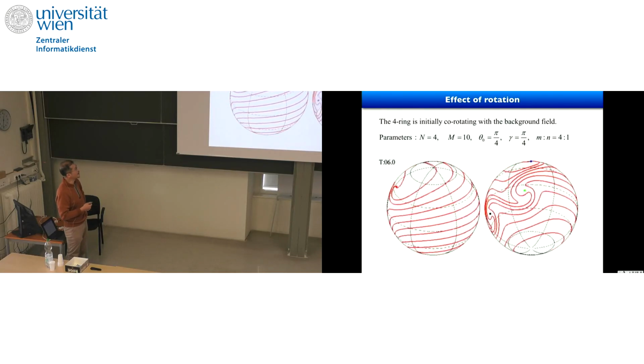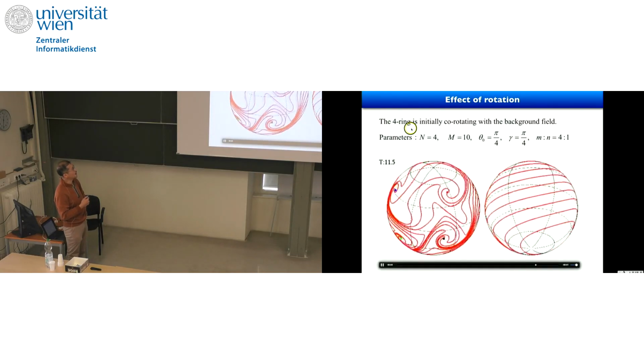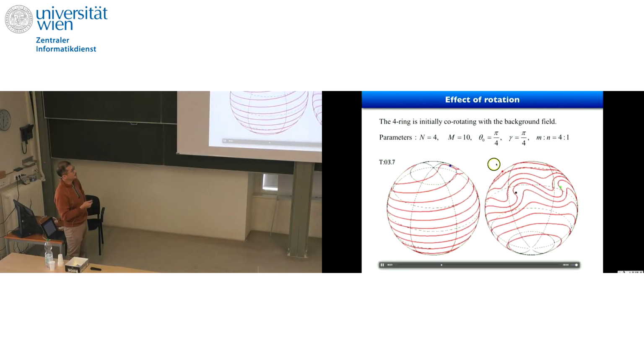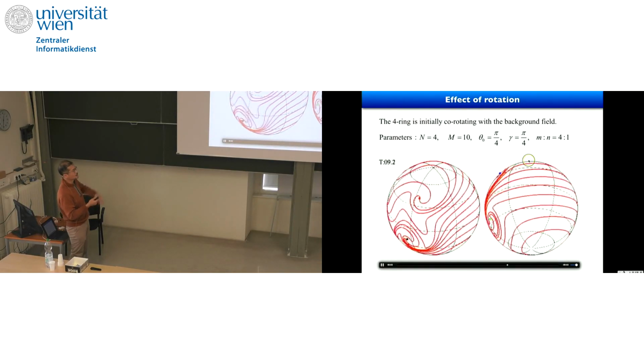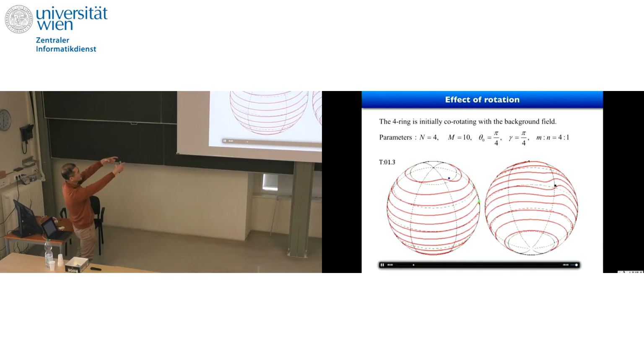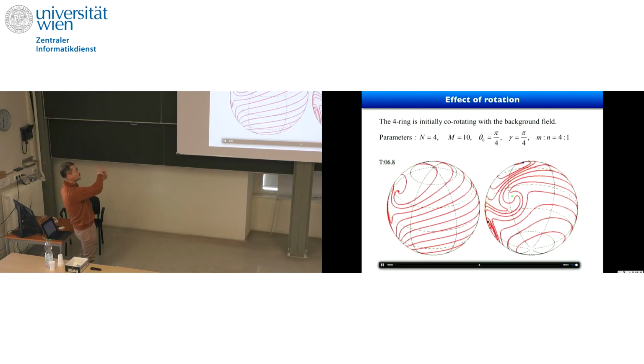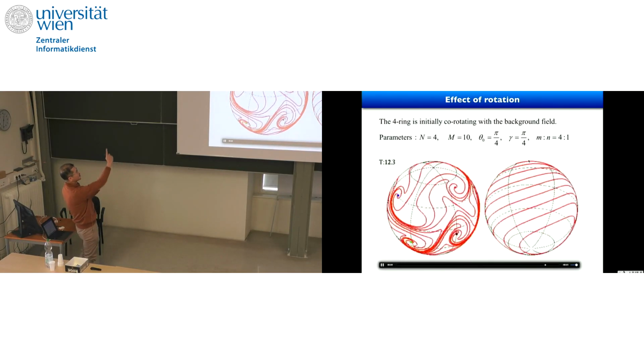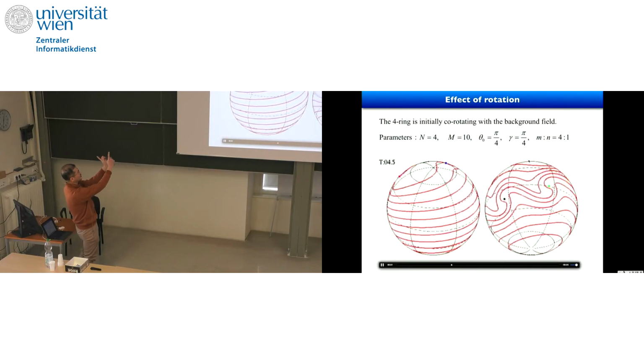Here is a long time evolution. We consider 4 rings tilted by the angle pi over 4. That means the ring configuration is tilted this way, and the rotation direction of the rings is like this.